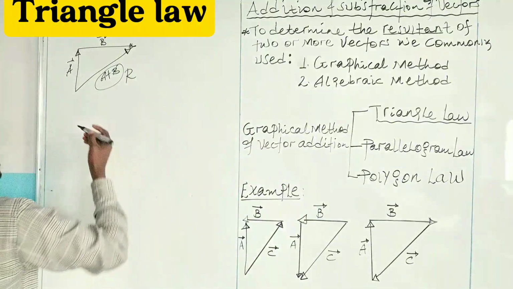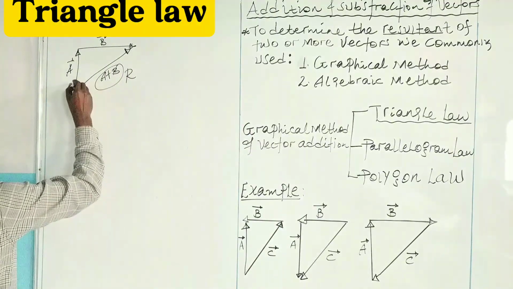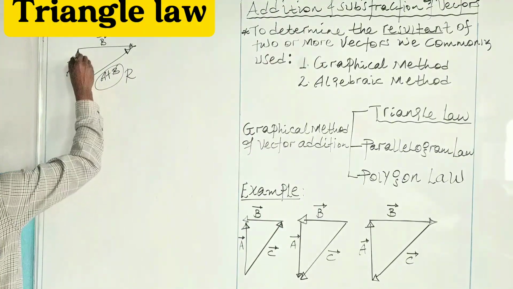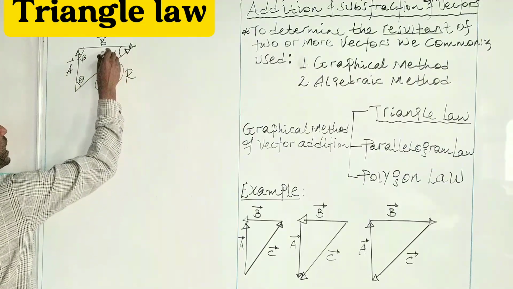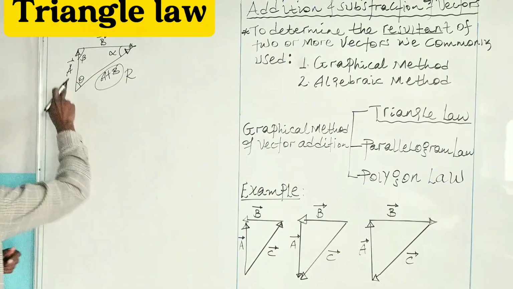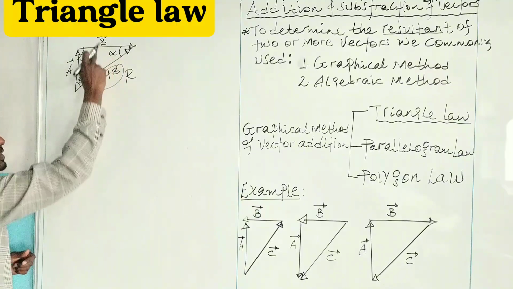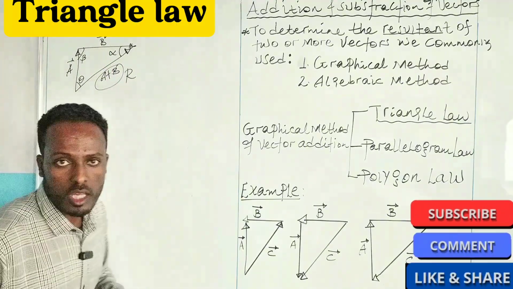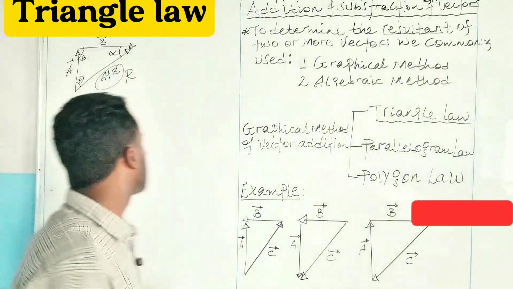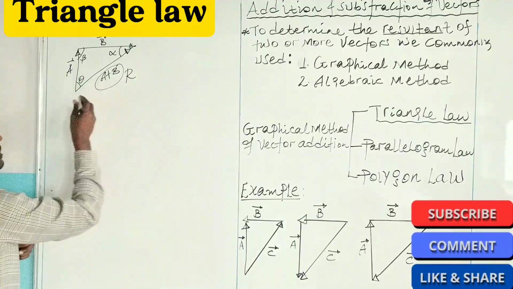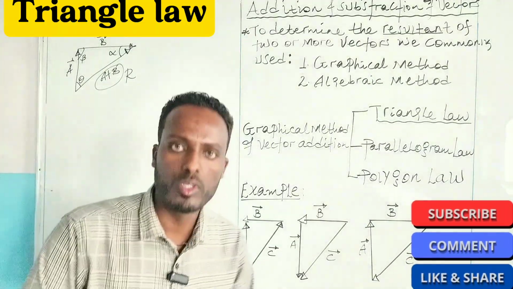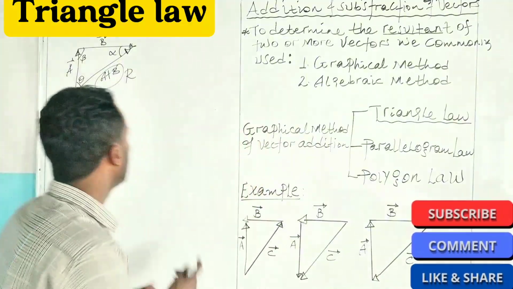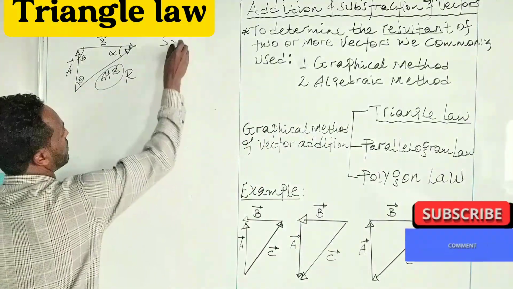Let's say this is theta, this one is angle beta, and this is alpha. This is vector A, this one is vector B, and this one is the resultant of the two vectors, right? So simply we can use the sine law to determine the magnitude and the directions.